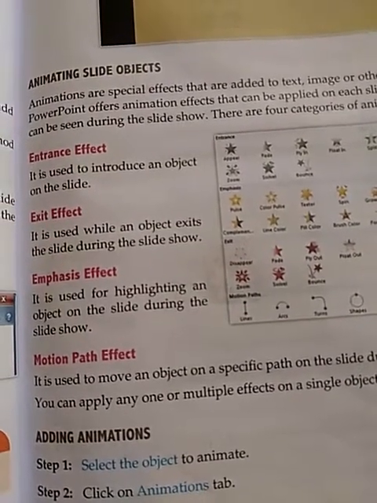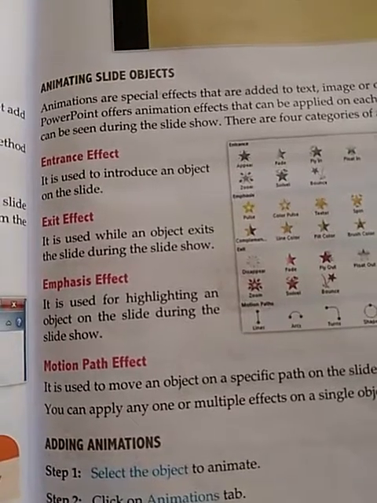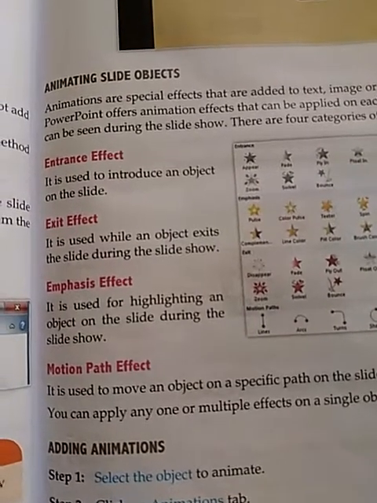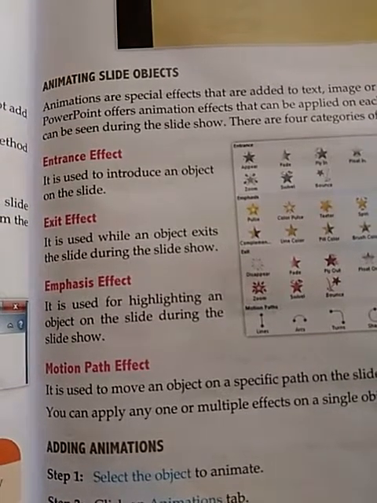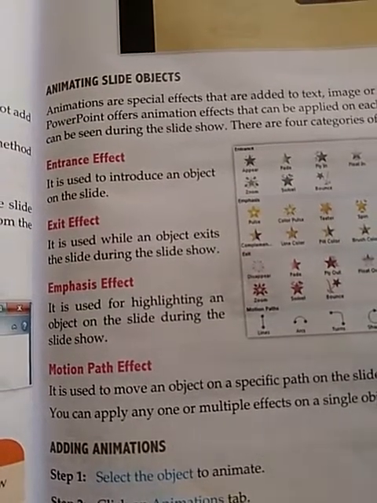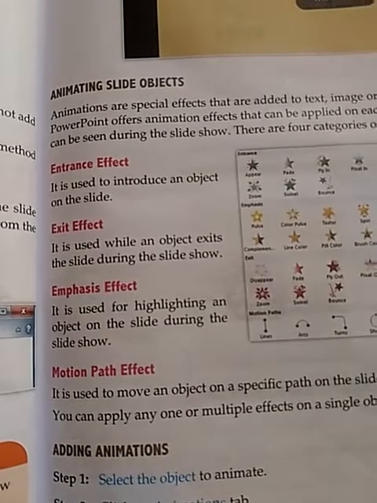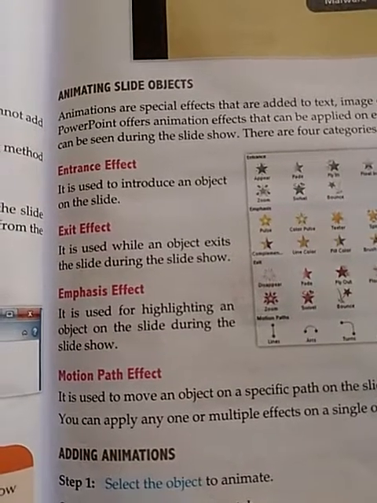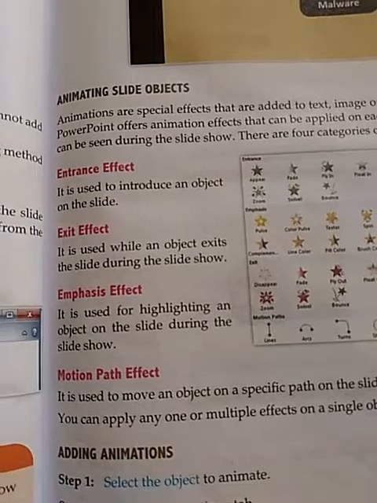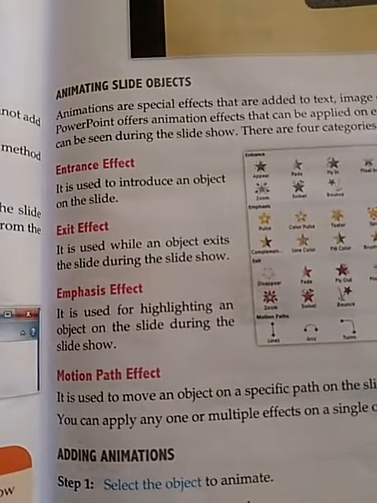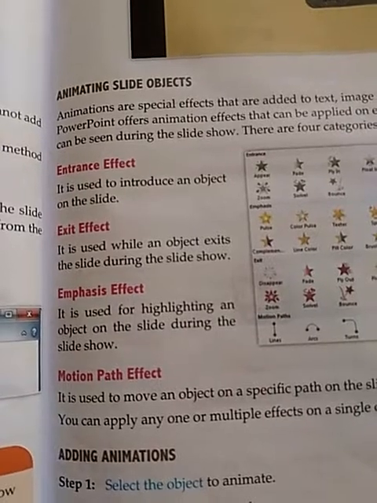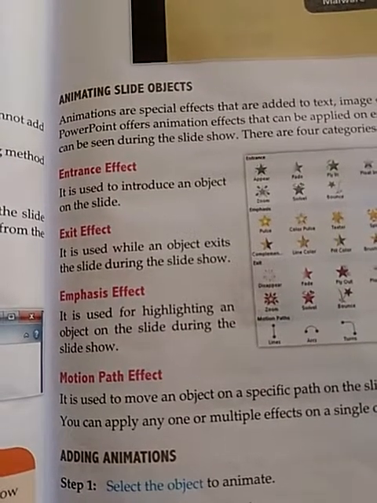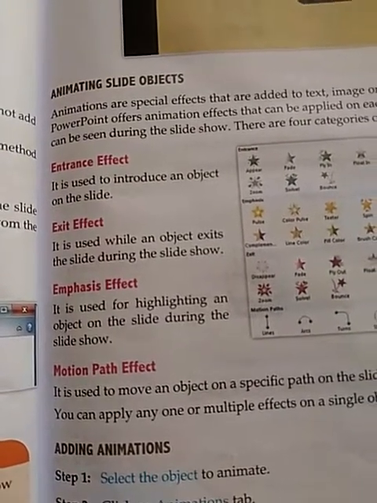Motion path effect is used to create a path which the object will follow during a slideshow. Means the path you create for the object in the slideshow, the object will follow the same path for its movement during the slideshow.